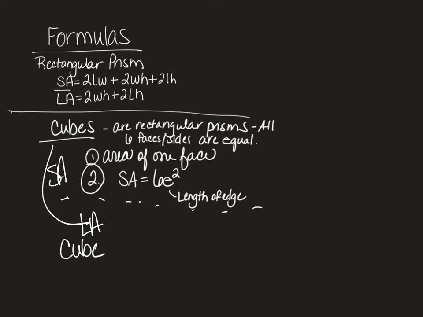So the lateral surface area of a cube is 4 times the area, because remember, you're only getting the area of the lateral sides. Okay? So the formula is LA equals 4E squared. So you're doing the same thing, except you're only multiplying it by 4 because you're only finding the area of the 4 sides. So this is your 2 formulas for a cube.